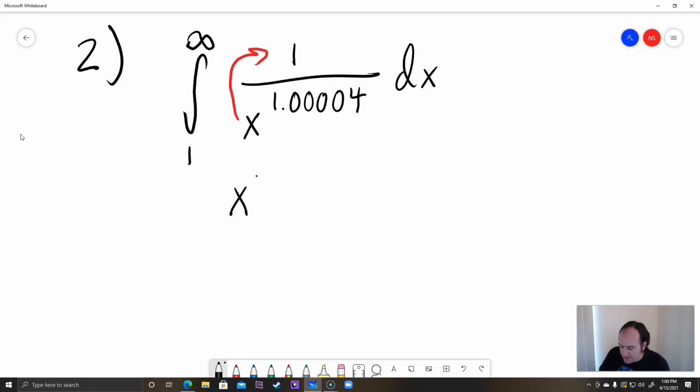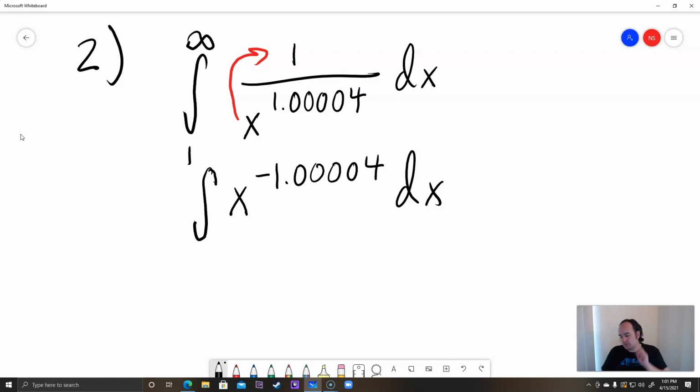Okay, so it becomes x to the negative 1.00004 dx. Okay? And then to find the antiderivative here, because it's just a power, we can use the power rule. Remember, the power rule for integrals says that you add 1 to the exponent and then you divide by the new exponent.